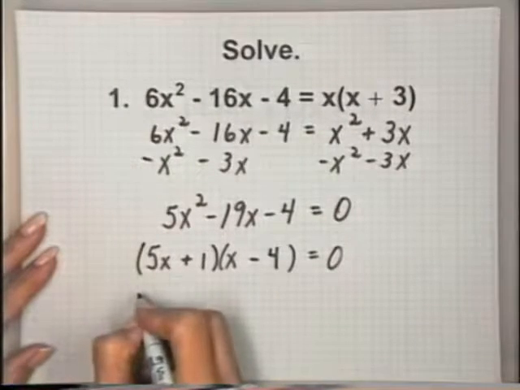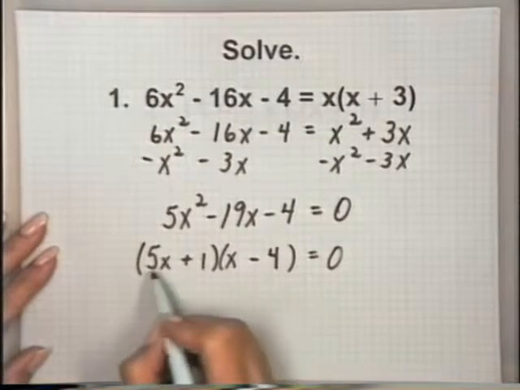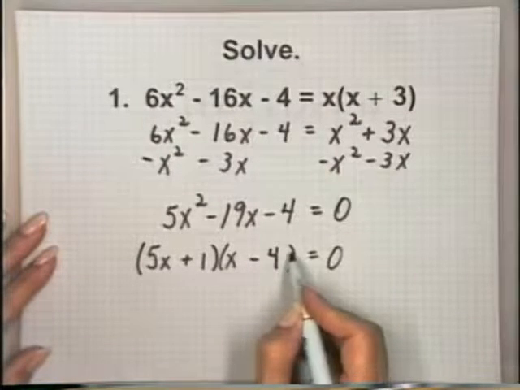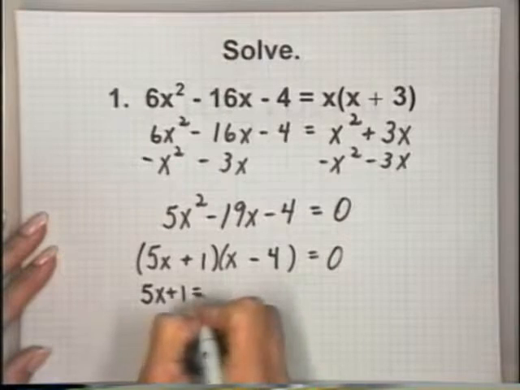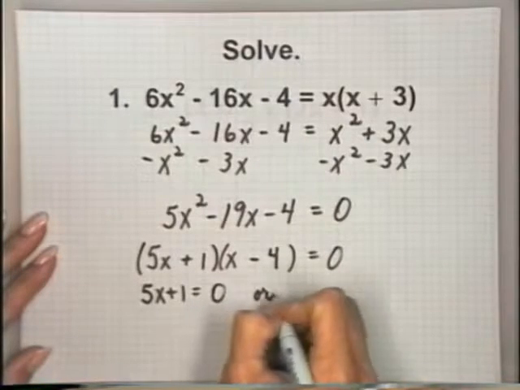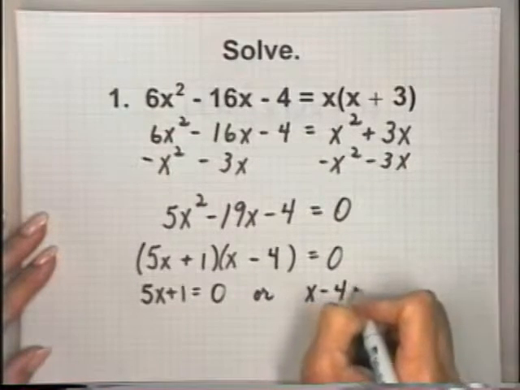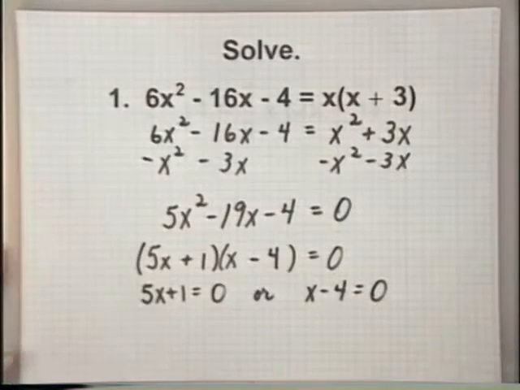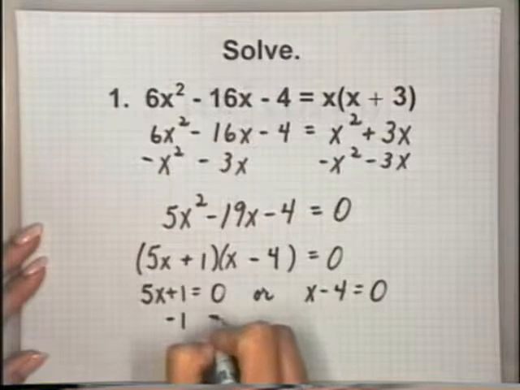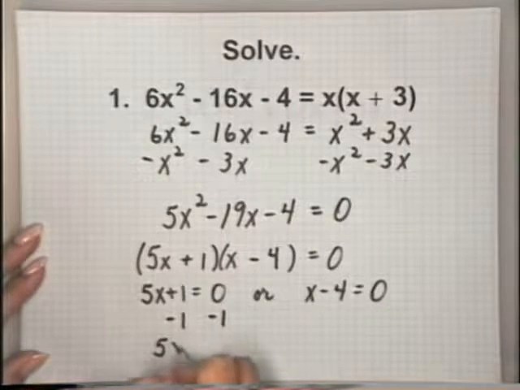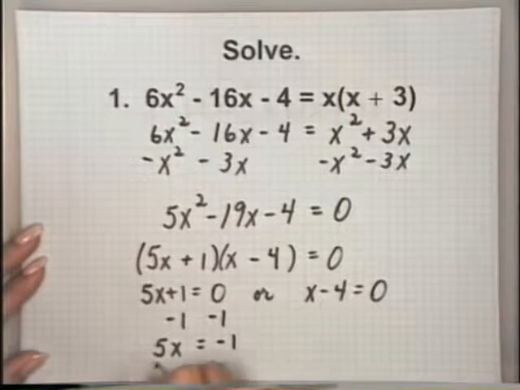Now let's use our zero principle that says if 5x plus 1 times x minus 4 equals 0, then either 5x plus 1 equals 0 or x minus 4 equals 0. And let's solve each of these equations. I'll subtract 1 from both sides. I'll divide by 5.